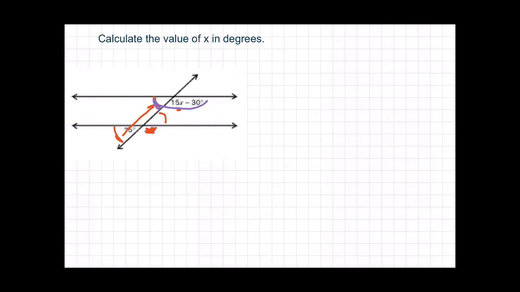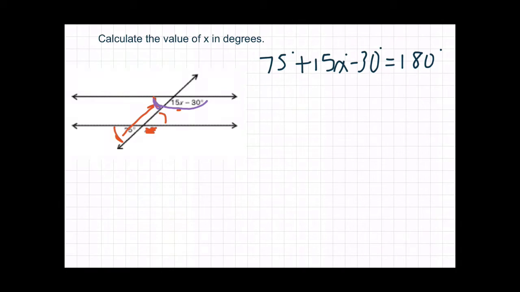I'm going to start right there with 75 degrees plus 15x degrees minus 30 degrees equals 180 degrees. All right, looking at this, I can't isolate yet because I haven't gathered like terms, so I'm going to gather like terms.